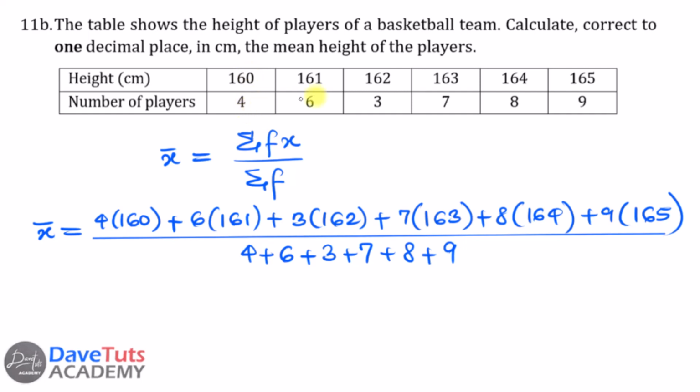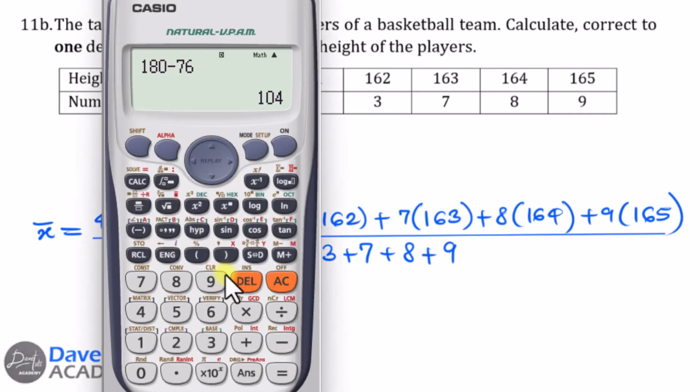The first one is 160 and 4, 161 and 6. Okay, so I'm having 160 times 4 plus 161, let me just be putting it in bracket so that I don't make mistake, times 6, then plus 162 times 3 plus 163 times 7 plus 164 times 8 and plus 165 times 9.